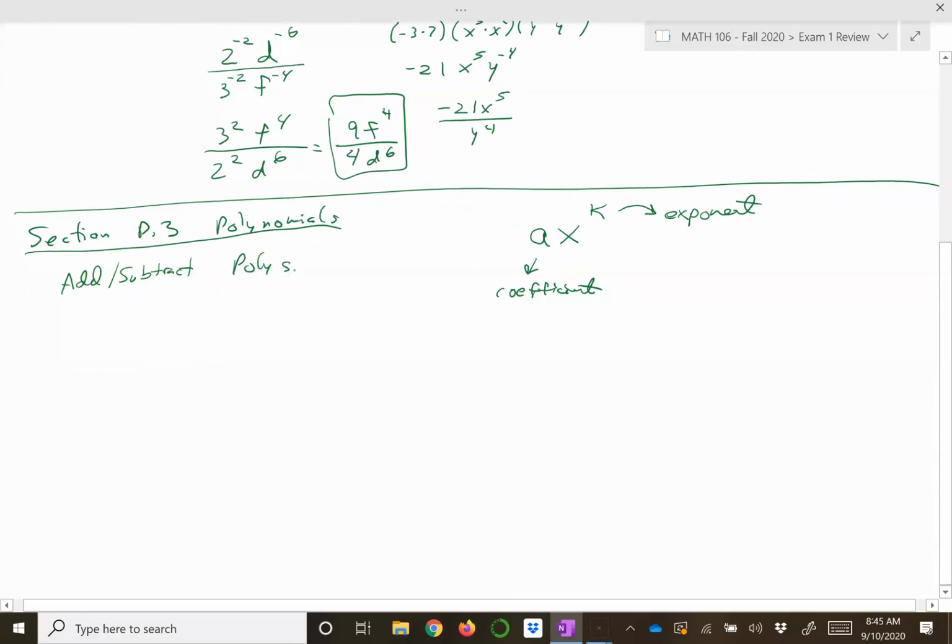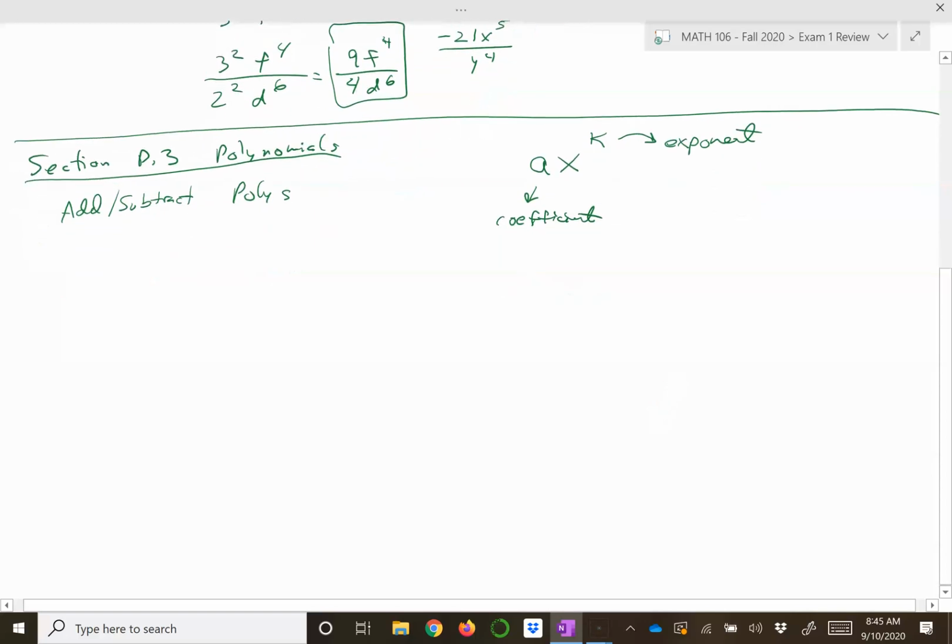I won't give you real big giant ones, but we did something like 2x cubed plus x squared minus 10. And then we'll say 5x cubed minus 2x plus 5. All right, so there's 2 polynomials.